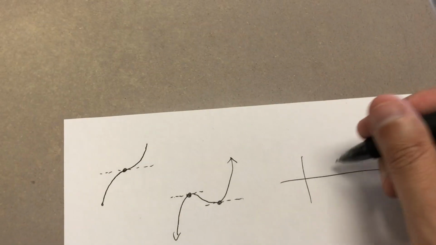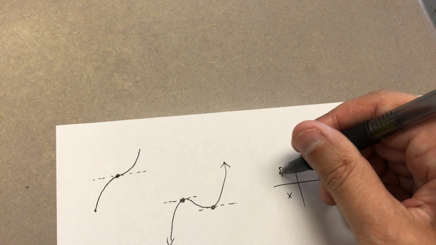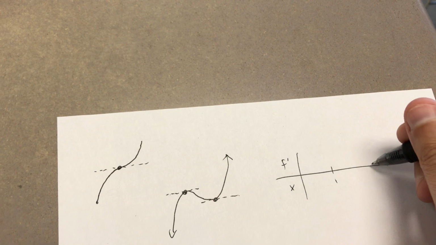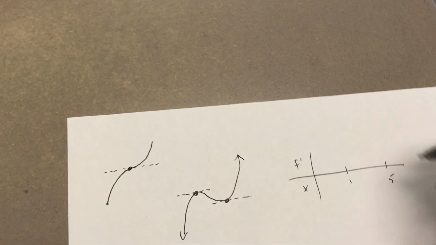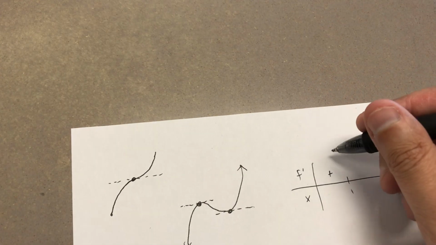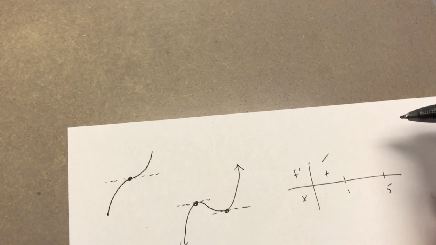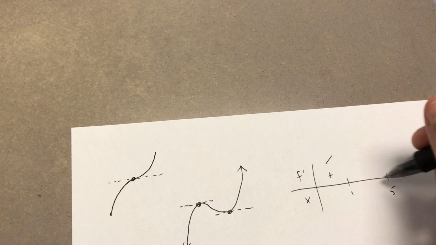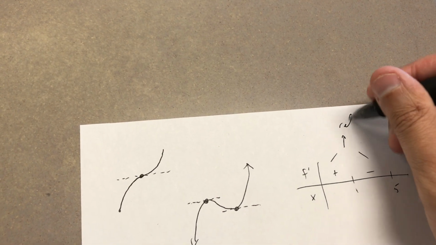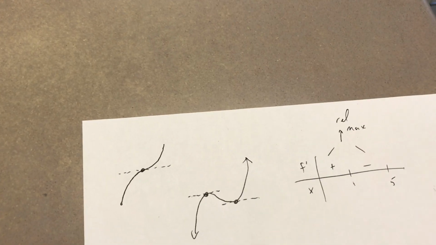So remember, we always make the number line with the values where the derivative is equal to 0. We call those the critical values. And so let's say it's at like 1 and 5, just to make up something. We then test values in the derivative, and we see, for values less than 1, maybe the derivative is positive and it's increasing. And for values between 1 and 5, maybe test like 2, maybe it's negative. And then you can see you have a relative maximum, and you can go from there.